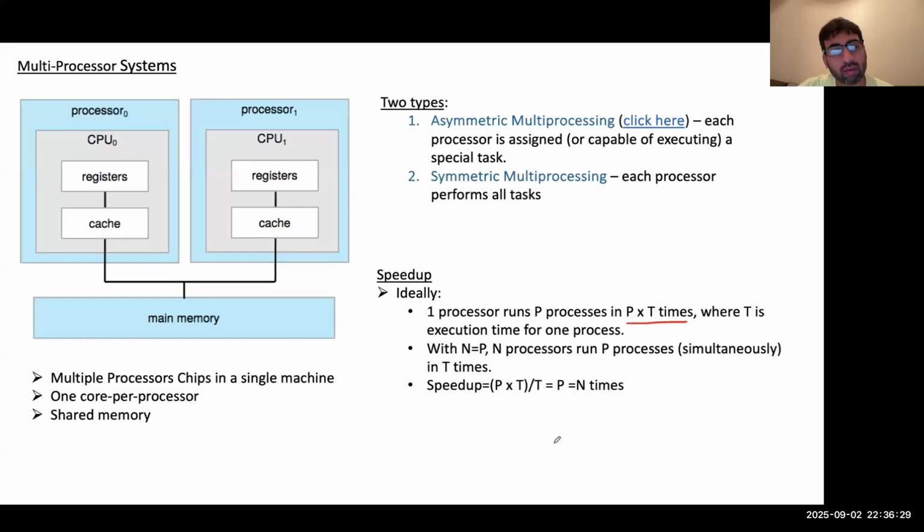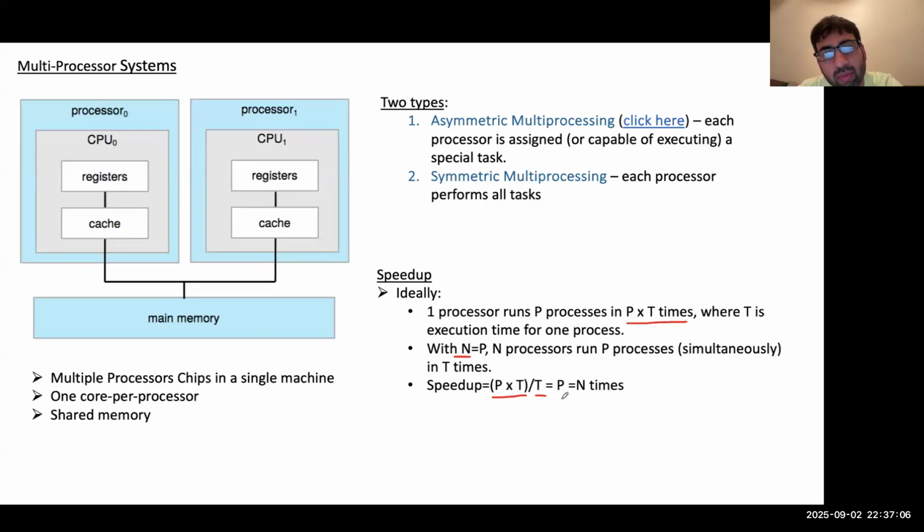But now if I have N processors, and N is the same as the number of processes, and each processor can run its own process, then all of the P processes will be completed in T time, right? So speed up is how long it takes to complete the P processes by one processor, and how long it takes to complete the same processes when we use N processors.